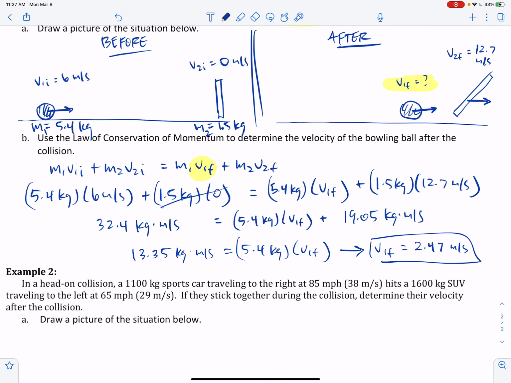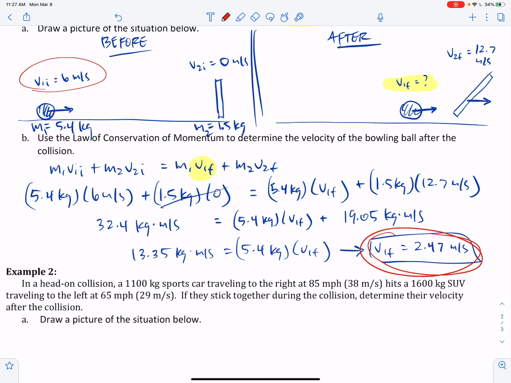And then I would want to ask myself, does that make sense? Well, look at the bowling ball's initial velocity. It was 6 meters per second. So if it collides with the pin, would I expect it to go faster or slower after the collision? I would definitely expect it to go slower, right? Here I'm showing that the velocity is going to drop to 2.47 meters per second.